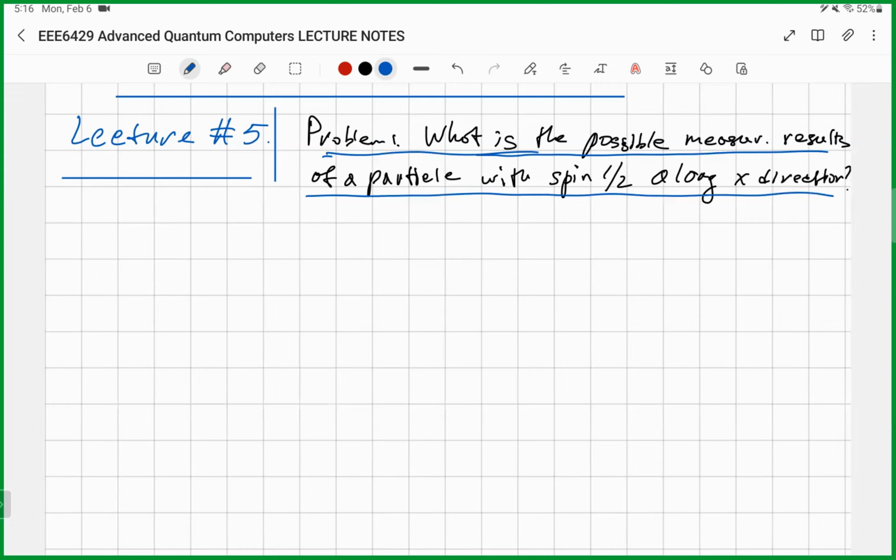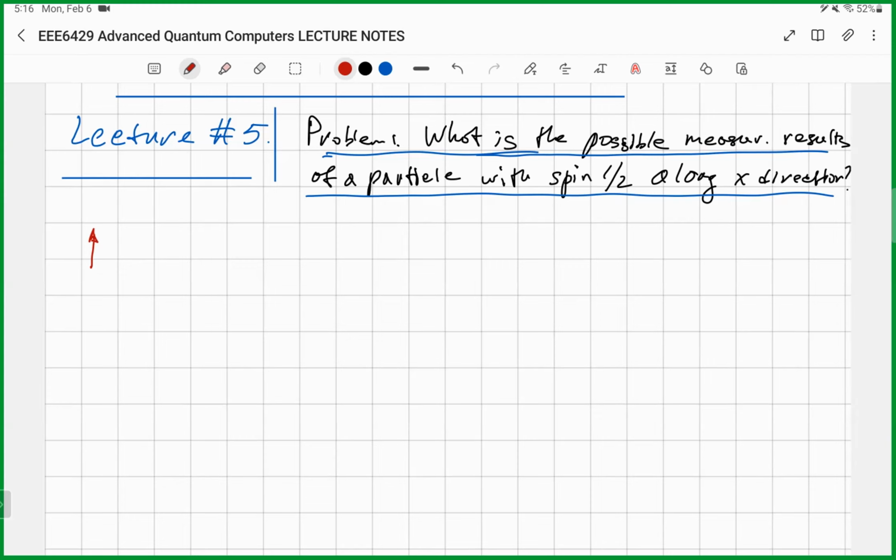You of course know that there is a quantity called spin. If I have a particle like an electron, neutron, or proton, these small particles can be considered as a spinning top with a rotation direction.